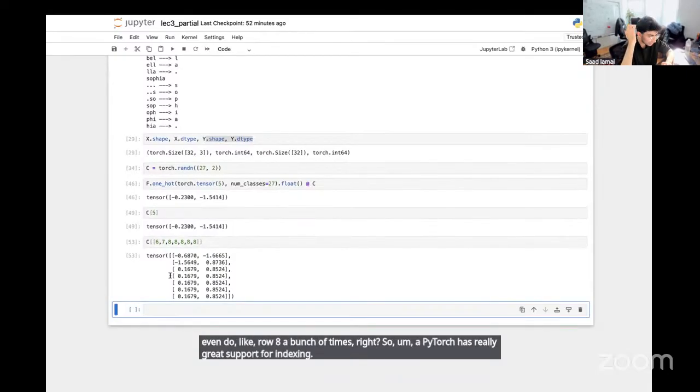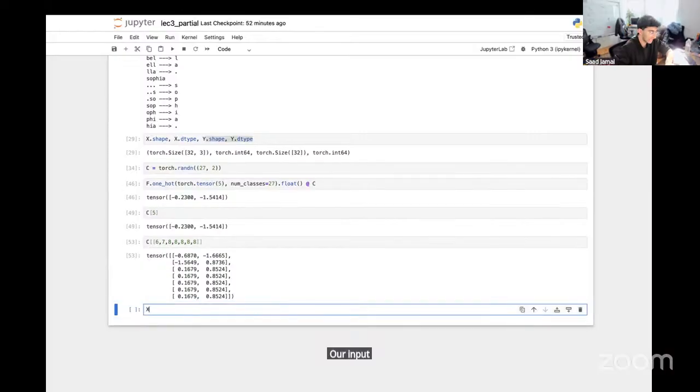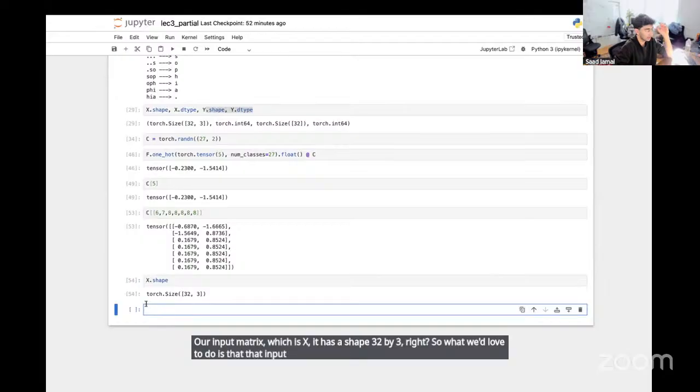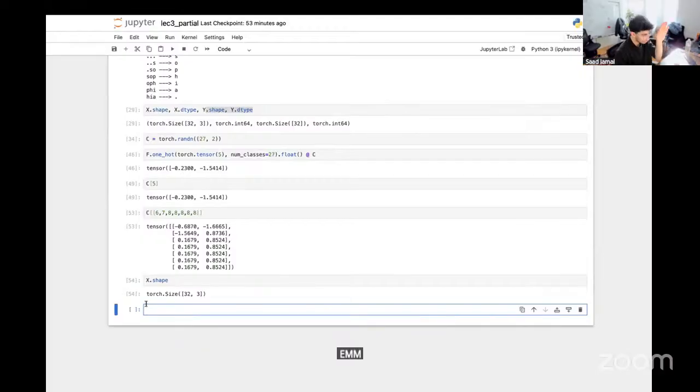But remember, our input matrix X has a shape of 32 by 3. The 32 represents all the different data points that we see, like E, M, M leads to A. That's each of our trigrams.